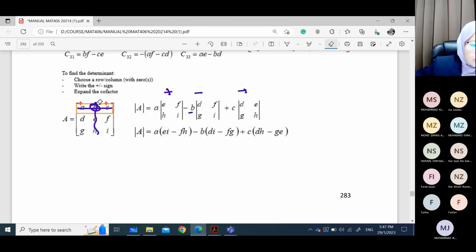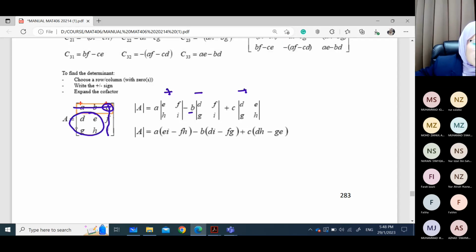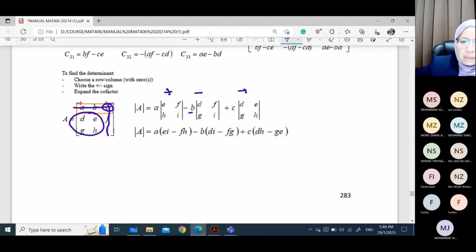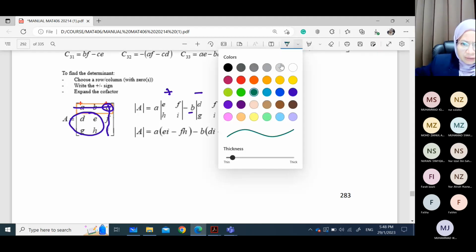And next one, untuk C, yang ketiga kita faktorkan C and then we eliminate for the first row and the third column. So now we have this matrix ataupun yang inilah. So kita kena cari determinant bagi DEGH.